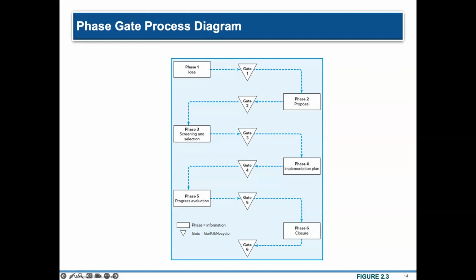If the implementation plan is approved, you proceed to progress and the constant evaluation. If the process needs a little work, of course, you revise. And if it doesn't work at all, then the project is dead. Phase 5, progress and evaluation.